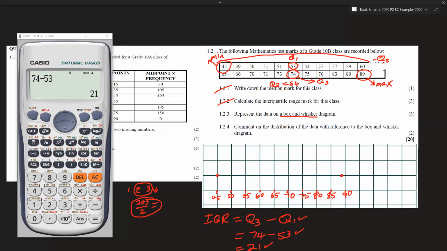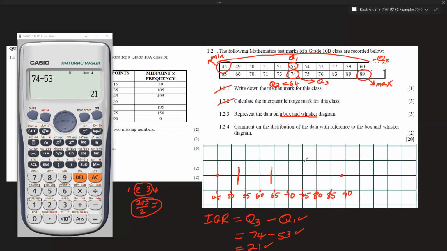I'm gonna draw my quartiles now. Quartile 1 is 53. So it must be exactly in the middle of these two. So somewhere, something like that. Okay, and then quartile 2 was 64. So just closer to 65. Somewhere there.